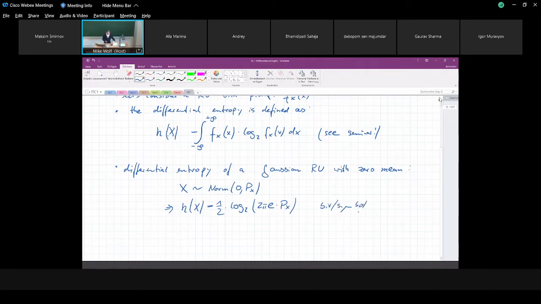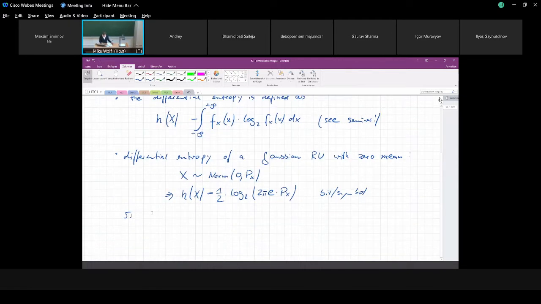And now we can come to the channel capacity of such a Gaussian channel. So now, point 2, channel capacity, and I write it again.